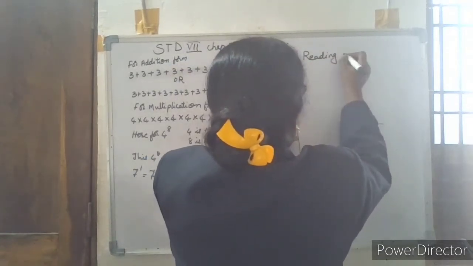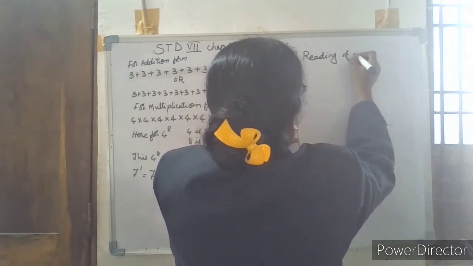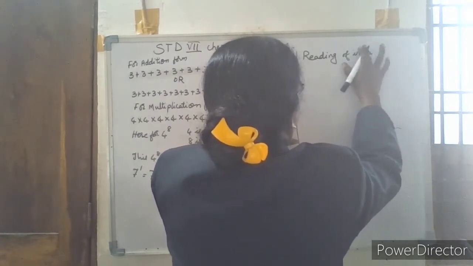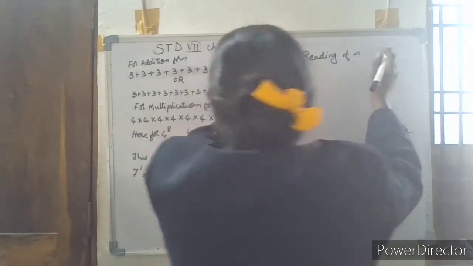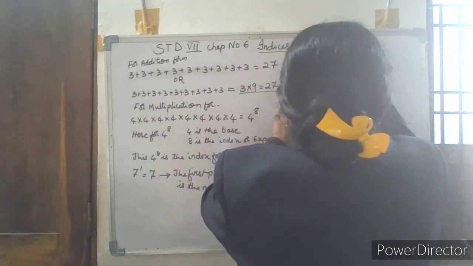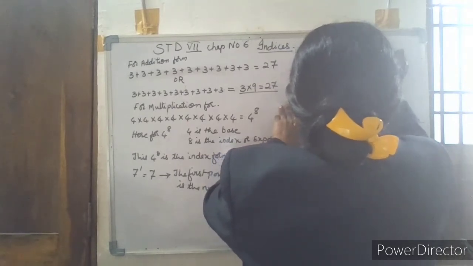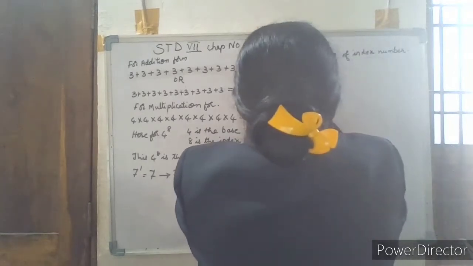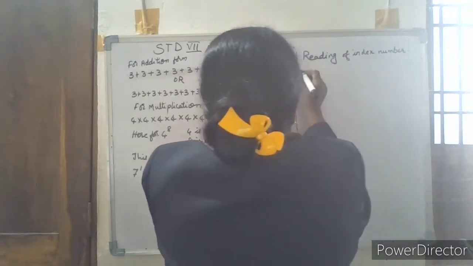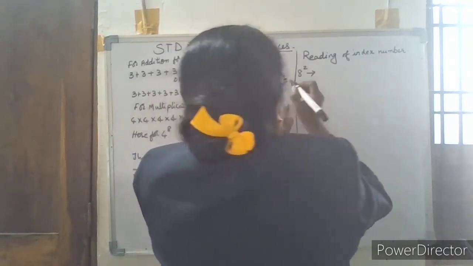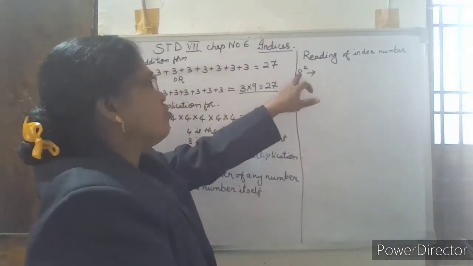Index numbers or indices. Reading of index numbers. So suppose I take the example 8 to the power of 2.